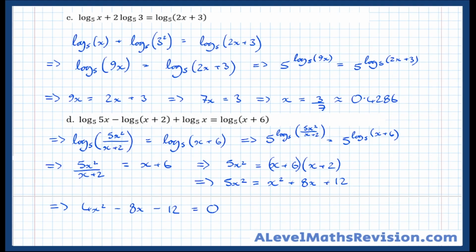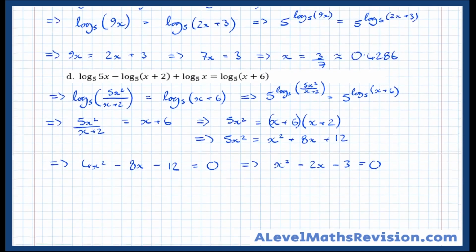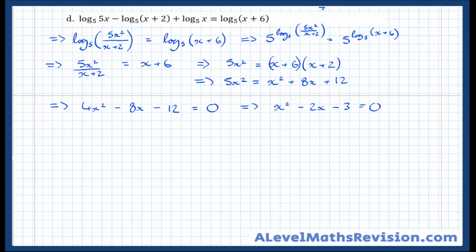And I can see those all terms are divisible by 4. So I'm dividing both sides by 4 to get x squared minus 2x minus 3 equals 0, like that. Which then means we've got x minus 3, x plus 1 equals 0, giving us a final answer of x equals 3 or x equals minus 1.